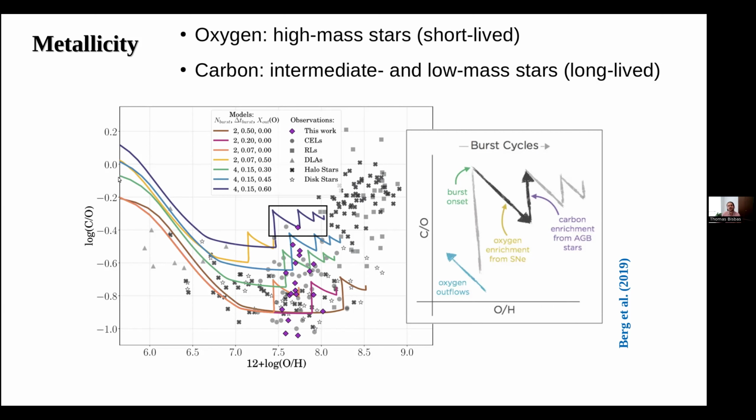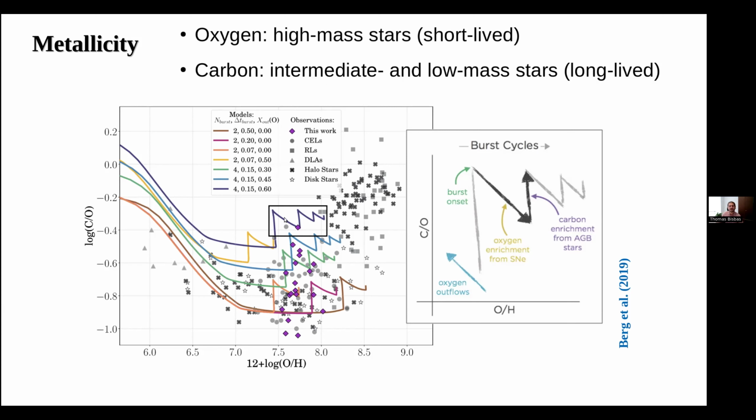That's because when we have the production of oxygen and release through supernova type 2, oxygen is released to the ISM much quicker, at which point, this production of oxygen halts, and then we have significant bursts at which we have the release of carbon.